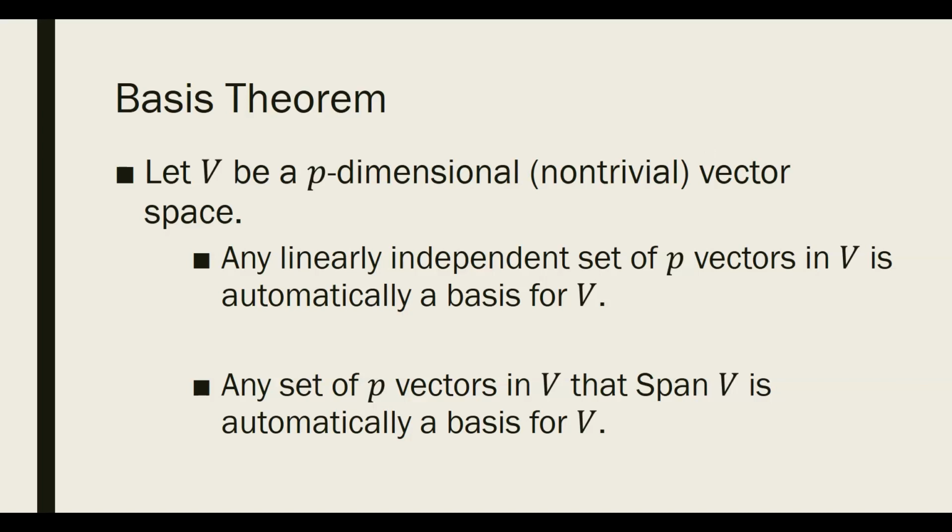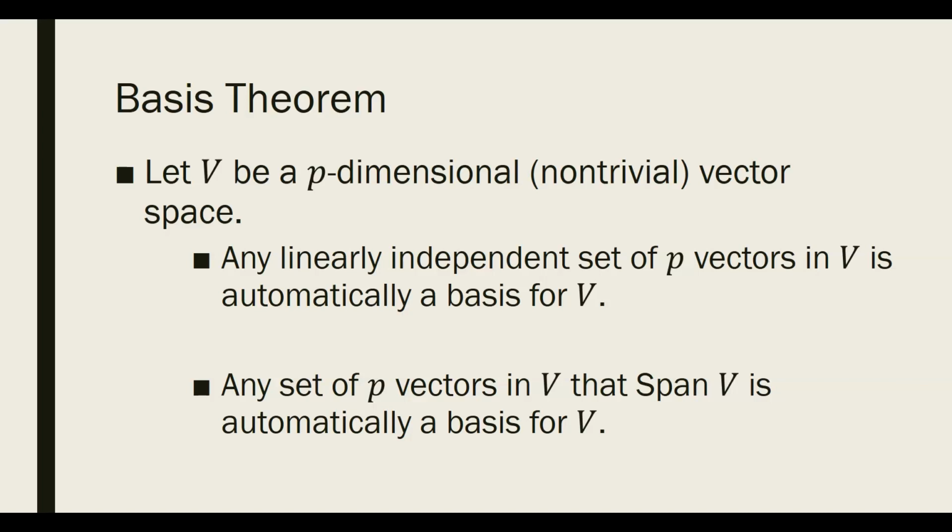Now, let's argue something which we all should know and we've kind of been hinting at as we've been doing this. This is called the basis theorem. So if I let a vector space, whether it's a subspace or a vector space, all subspaces are examples of vector spaces.